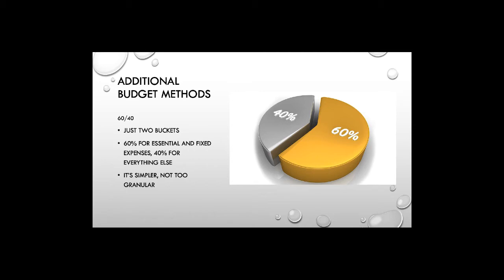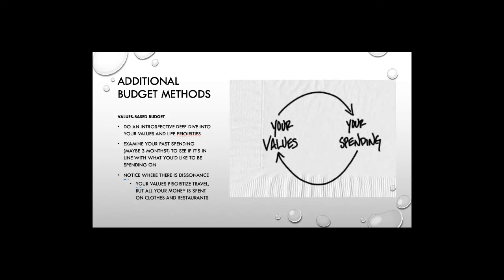And of course, you might see here, they're playing a little bit with the percentages versus the other methods. It's simple. It's not very granular. There are noted advantages to that as well as some disadvantages. But that is another way to look at the budgeting methodology, the budget process.